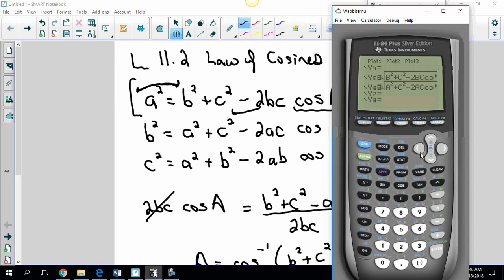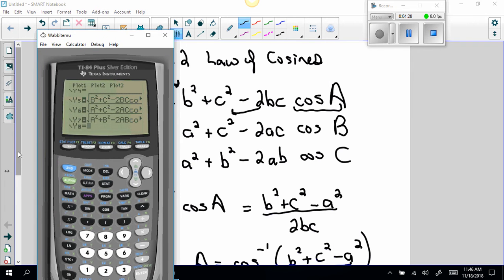Scooch. Square root alpha a squared plus alpha b squared minus 2 alpha a alpha b cosine alpha c. Scooch. And then I type in the bottom 3.